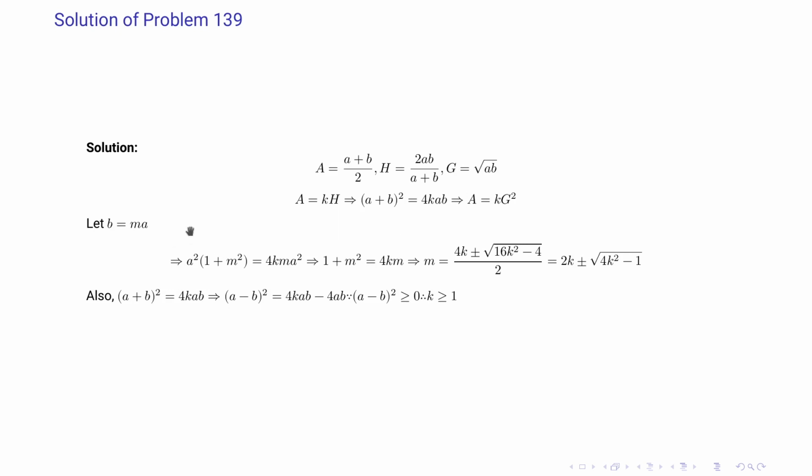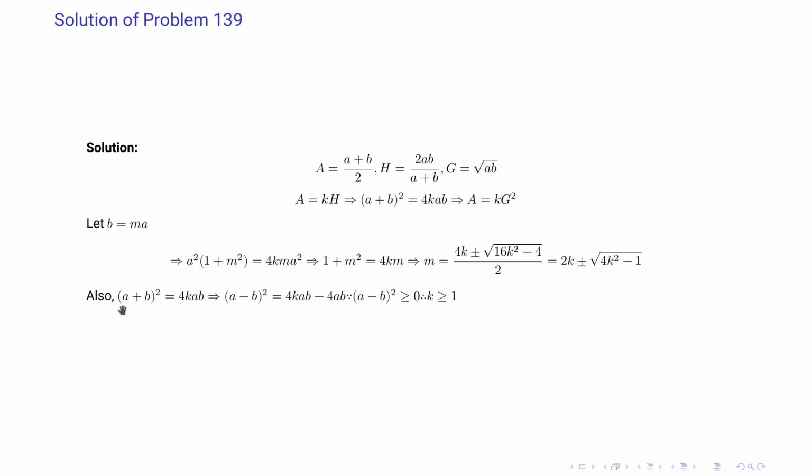Now we let b is equal to ma. So we substitute in this. We get a squared outside. Inside we have (1 plus m) squared is equal to 4k m a squared. This a squared will get cancelled. So we have (1 plus m) squared is equal to 4km. So m will be (4k plus minus square root of 16k squared minus 4) by 2. That is 2k plus minus square root of 4k squared minus 1.